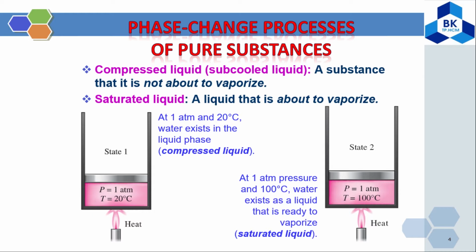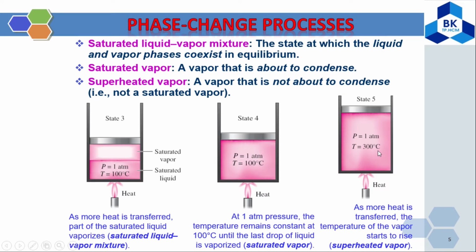The first stage, stage 1 in the picture on your left-hand side, is at 1 atmosphere and a temperature of 20 degrees. The water exists in the liquid phase, that means the compressed liquid. When it goes up to 100 degrees at 1 atmosphere, the water exists as a liquid that is ready to vaporize. We call that a saturated liquid. That is stage 2.